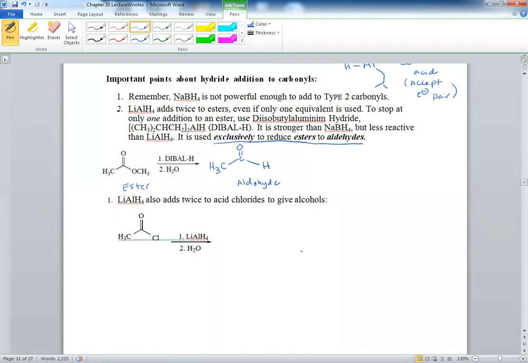Okay, so I hope you paused, but now I'm going to continue working on it. So here we need to draw the lithium aluminum hydride. Okay, we have the CH3.